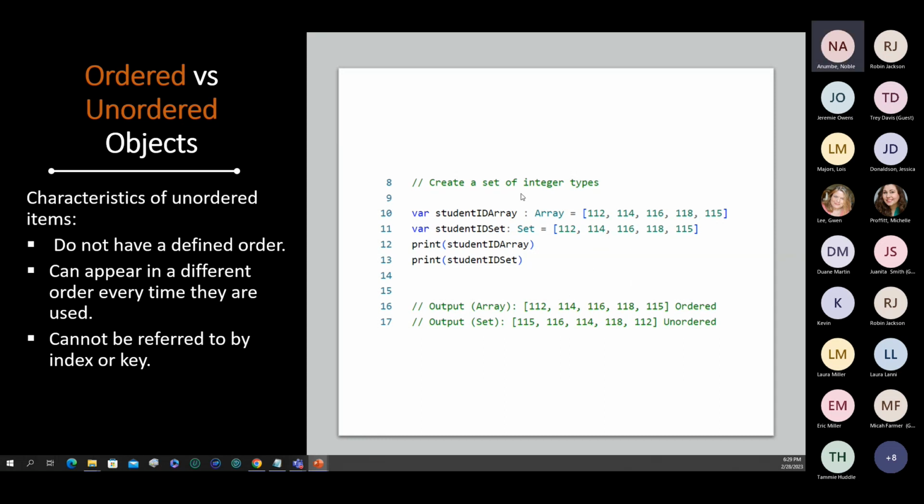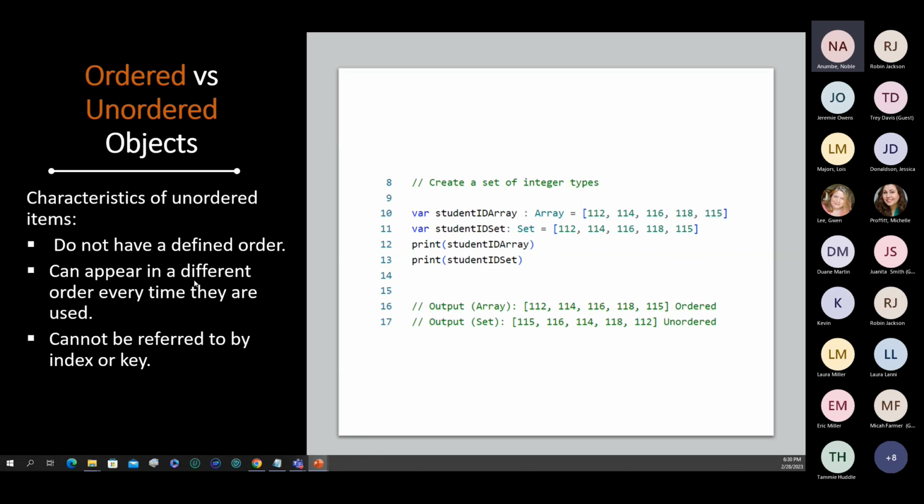If you run this code again, all of a sudden it might start with 118. That's a case of an unordered collection, which literally means I have a certain number of seats, but nobody is entitled to any seat. I can randomly shuffle you all around when I wish and how I wish. So that's why it talks of the characteristics of unordered items. They do not have a defined order.